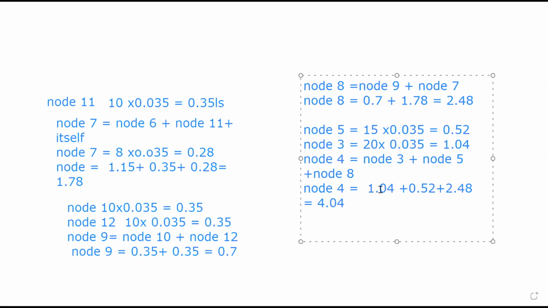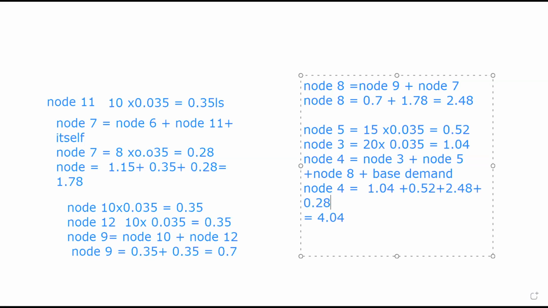And 8 is 0.28. So this will be plus node 8, then plus base demand. Thank you, that's a good observation. So it means here will now be plus 0.28. So here will be 3.2 now.